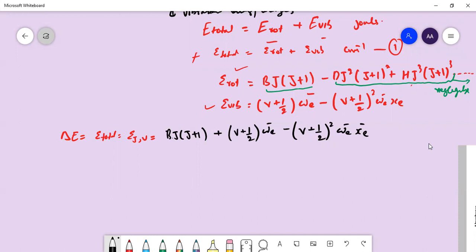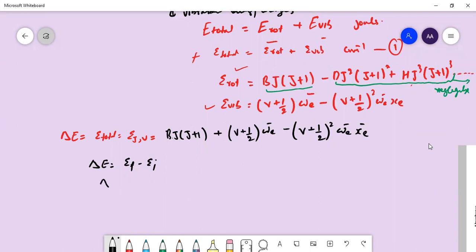If we have to calculate the energy difference, the total energy delta E will be equal to E final minus E initial. It means the higher energy level minus the initial energy level.